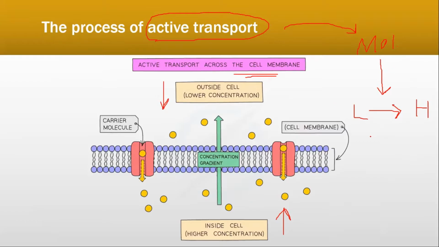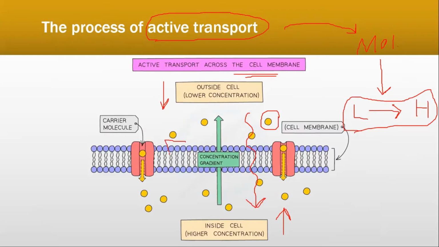Now we know that active transport always moves from lower to higher. Hence these yellow molecules you can see over here, they travel from lower to higher, meaning outside to the inside of the cells. Now, active transport can happen in two ways.